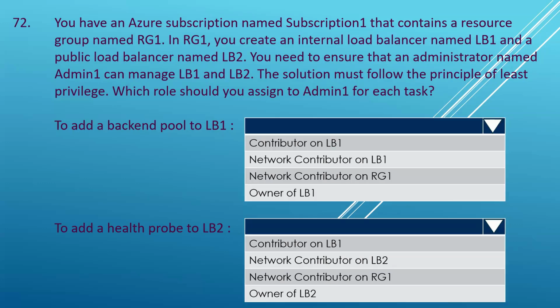Now the options that have been given to you are Contributor on LB1, Network Contributor on LB1, Network Contributor on RG1, and Owner of LB1. Similarly, you have corresponding options for LB2, where LB1 has been replaced by LB2. And you just have one resource group, so the option related to resource group remains the same.